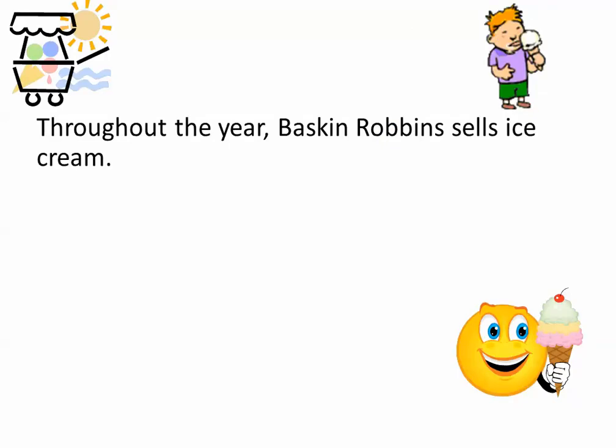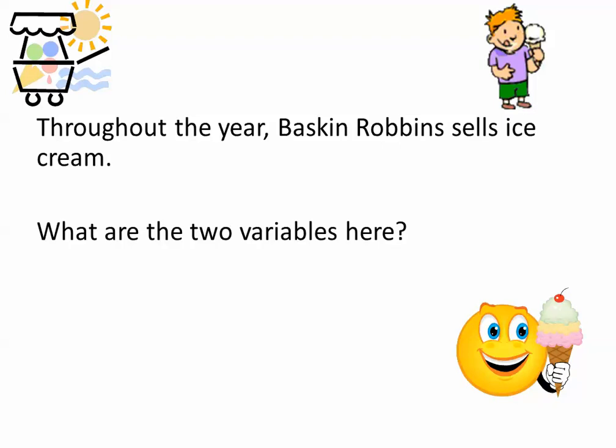All right, so throughout the year, Baskin-Robbins sells ice cream. What are the two variables? Well, if we think about the graph that we just looked at, we had on the bottom scale the months of the year, and then on the y-axis it was the number of ice cream sold. What's the dependent and what's the independent?